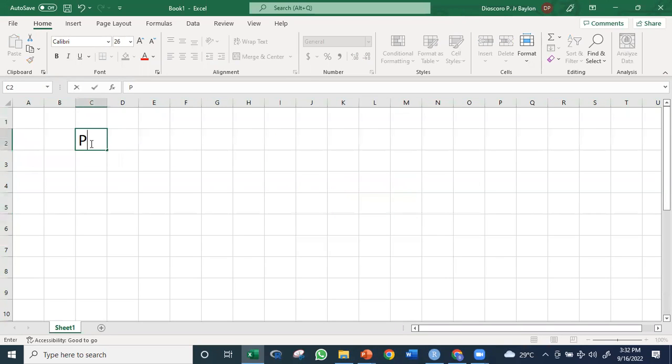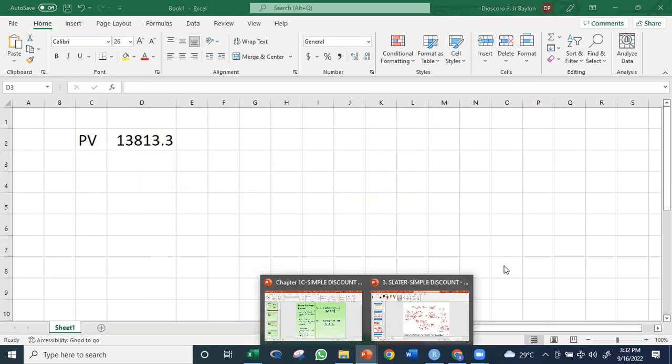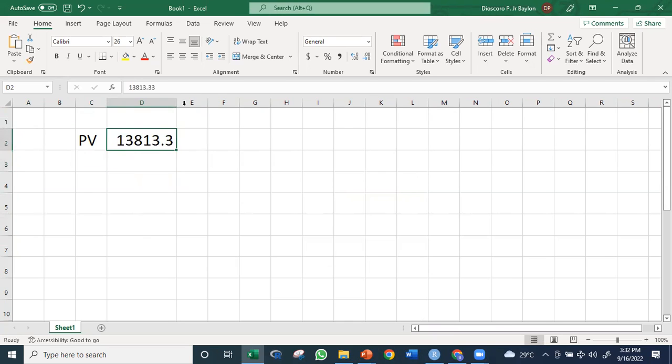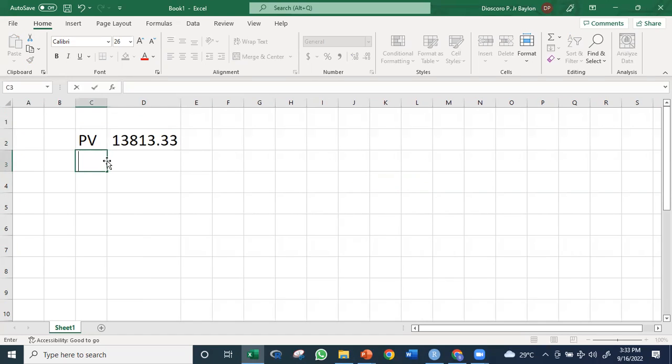So ang present value niya, diba? 13,813 point, tama ba to? Was it 813? Is this the amount? 0.33, sir. Okay, sige. And the future value is 14,000.